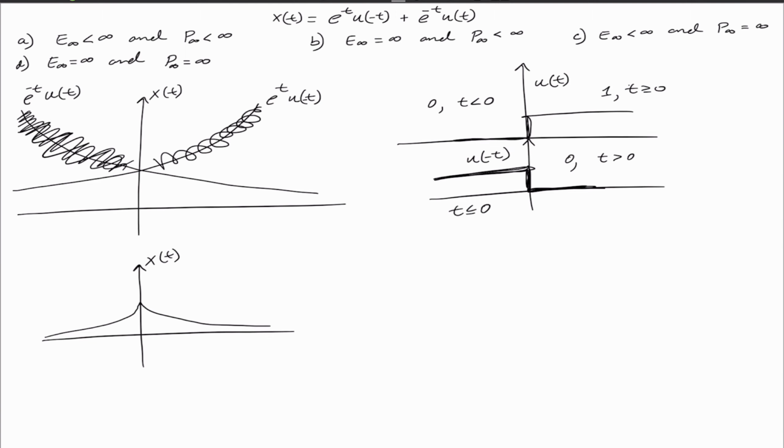So this would be 0 for t less than 0. And in this case, the reflected unit step function would be 0 for t greater than 0. So now we see if we integrate this expression or this function x of t, there is a discontinuity in that portion of the graph.